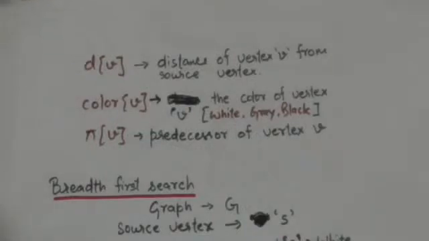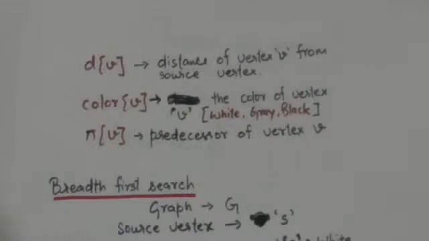The variable color[v] stores the color of vertex v. The color of each vertex can be white, gray, or black. If the color of a vertex is white, it means this vertex has not been discovered. Initially, all vertices of the graph are white.